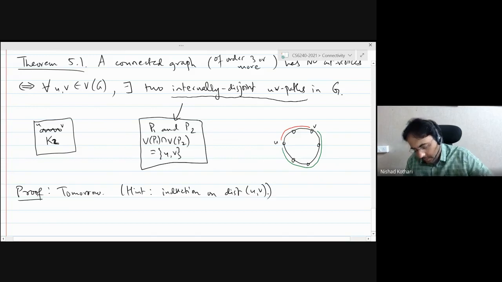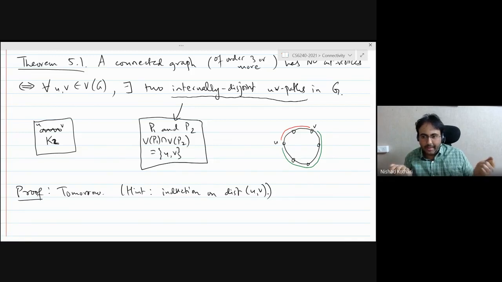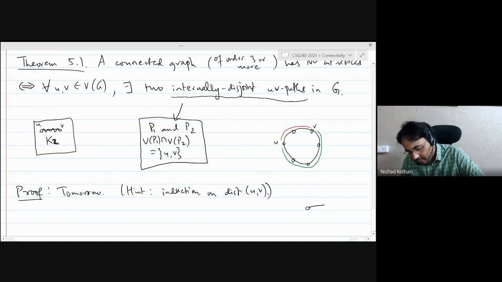And the distance between two vertices of a graph is you take the shortest path between them, and the length of that path is the distance between two vertices. In other words, if the two vertices are adjacent, then the distance between them is 1, right?